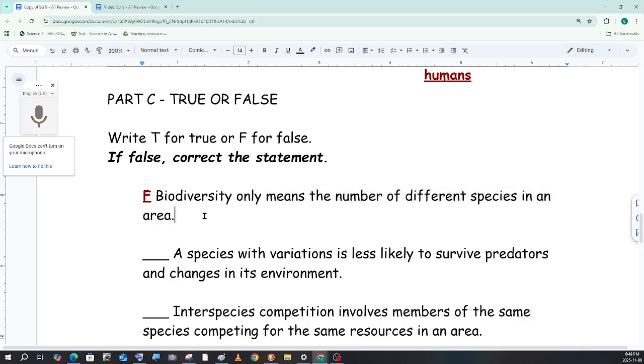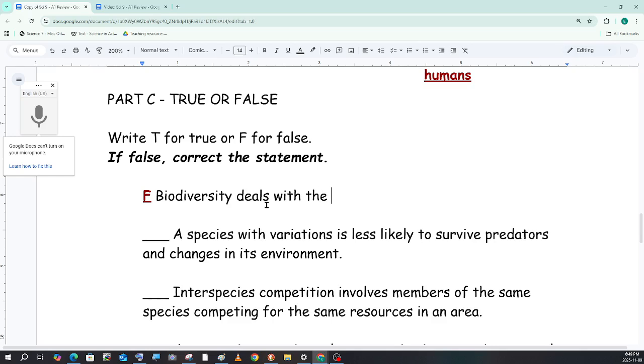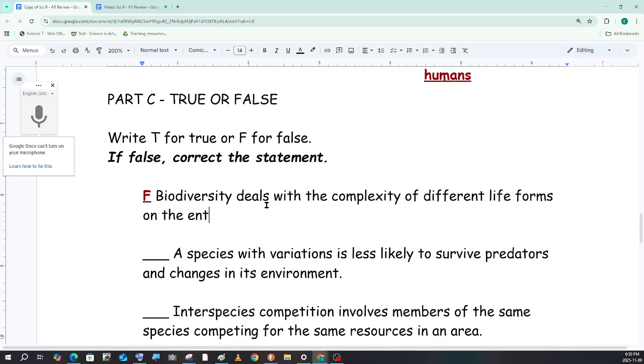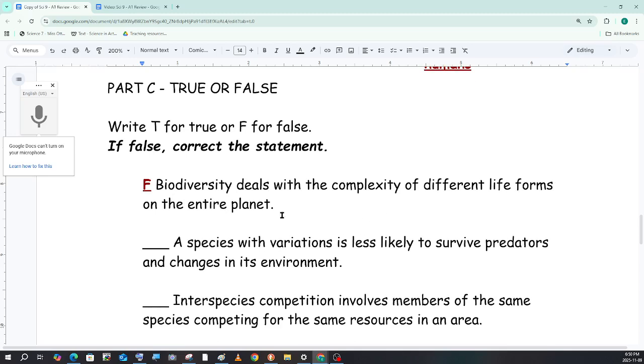Biodiversity deals with the complexity of different life forms on the entire planet. Okay, so that's what it actually is.